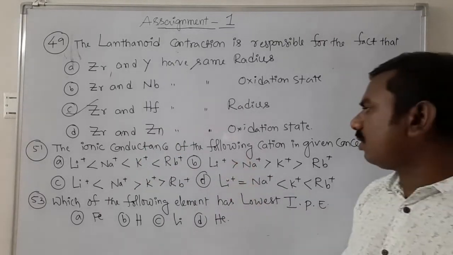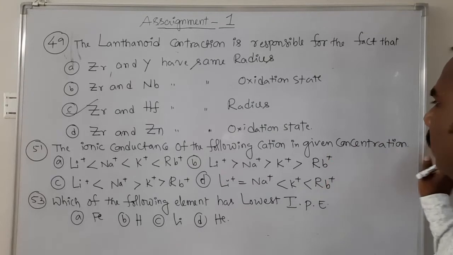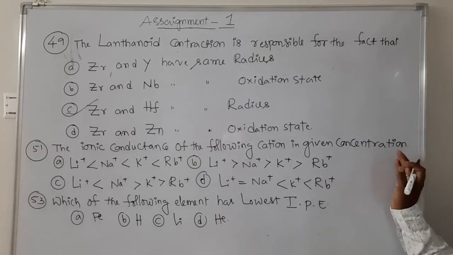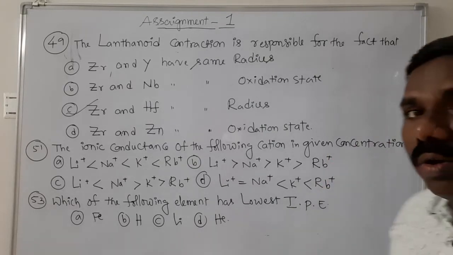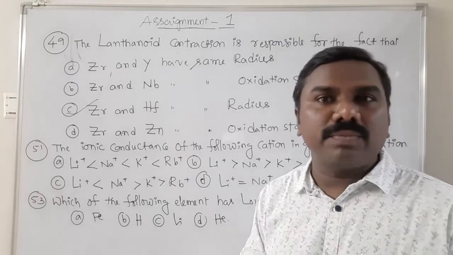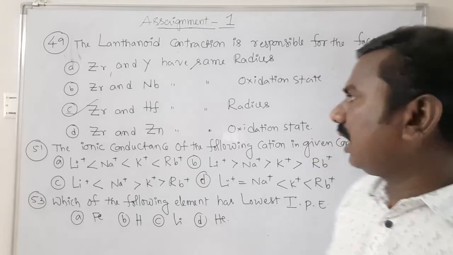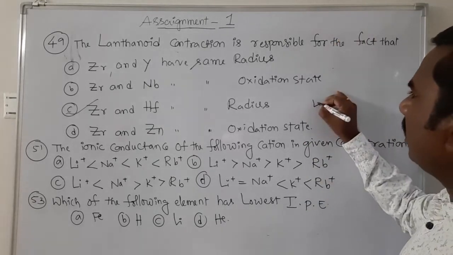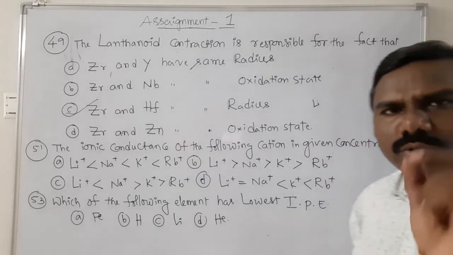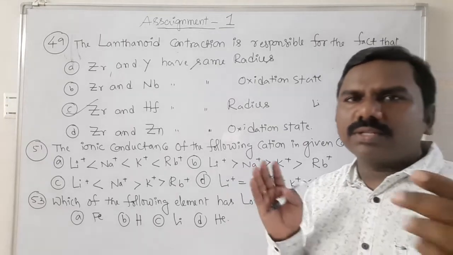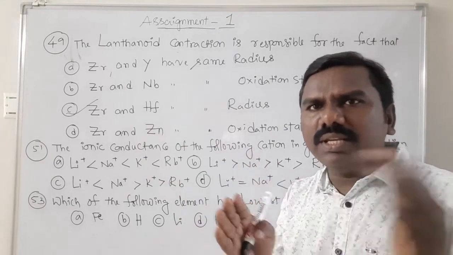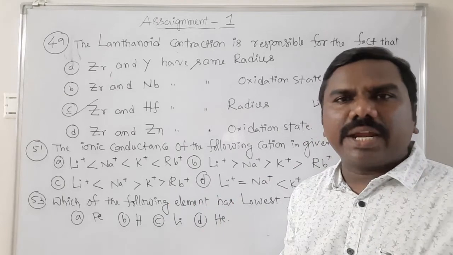Ionic conductance of following cation in the given concentration will be ionic conductance in aqueous medium. It's not in the solid state. Aqueous medium means, for example, lithium. It is smaller the size, obviously more water molecules will be easily attached to the lithium.